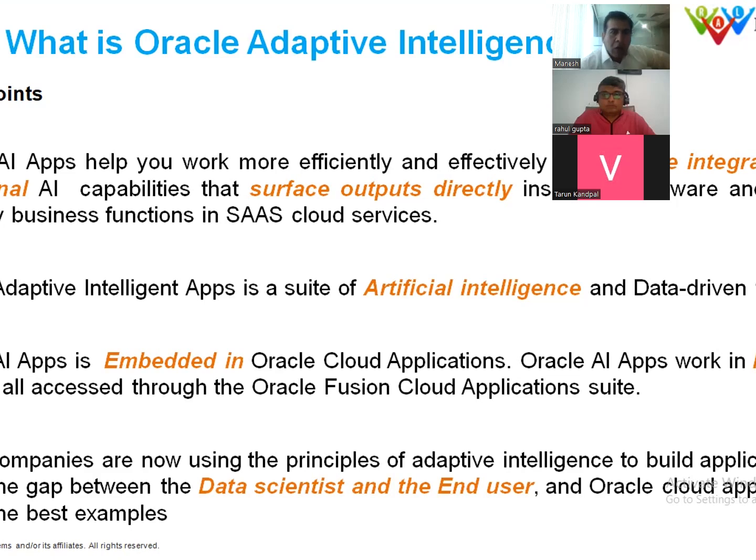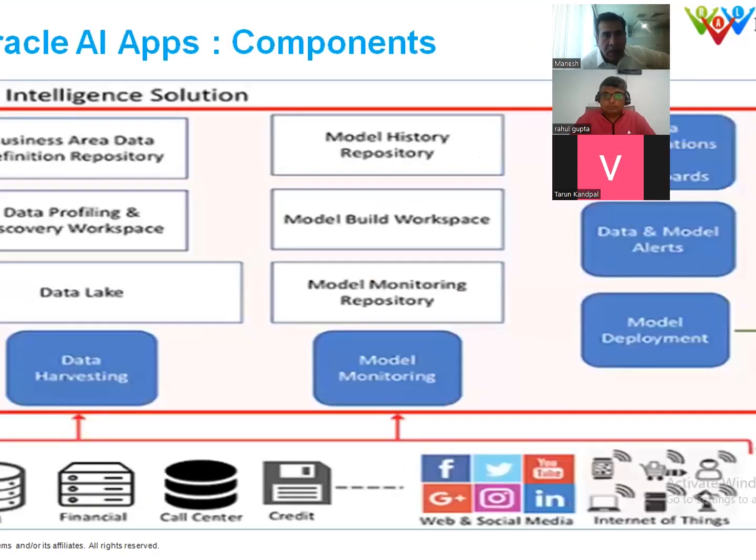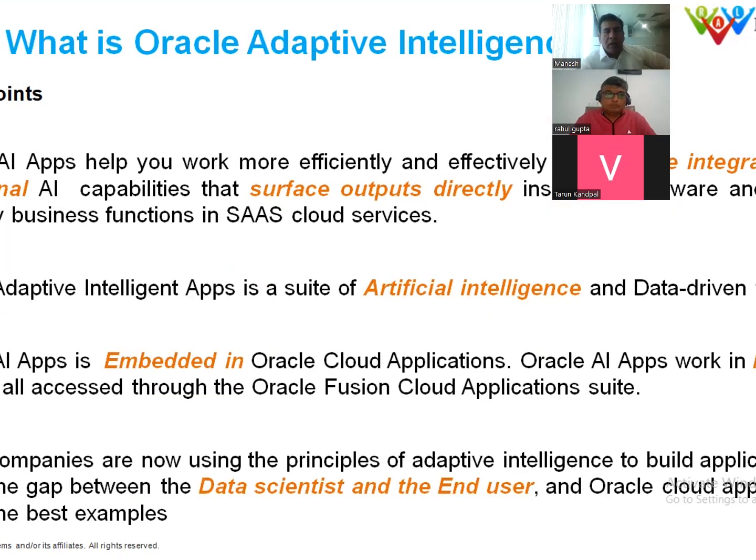Nowadays many companies are using the principle of AI to build applications, which can fill the gap between data scientists and end users, right? That is the most recent development. So Oracle Cloud application is one of the best applications which is using this fundamental thing. So this is about Oracle Adaptive Intelligence AI apps.